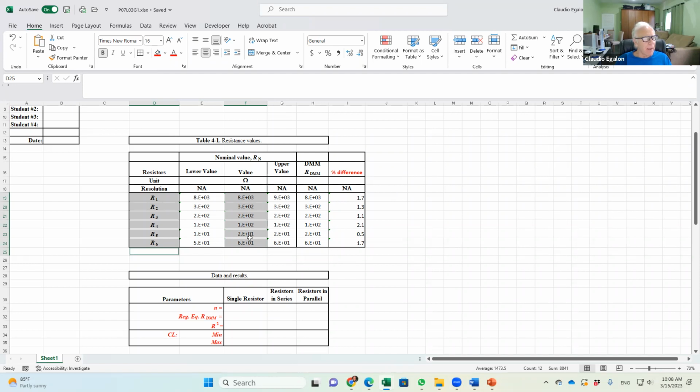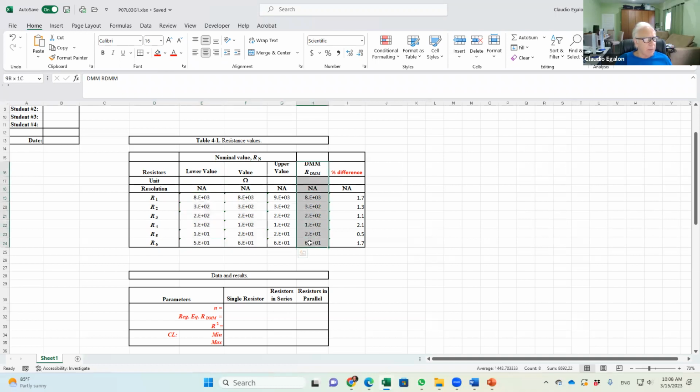And then, if the tolerance was 5 or 10%, they added 5 or 10% and displayed it here. That's the upper value of the nominal value. The color code value, we call it the nominal value. And then they subtract 5% and get the lower value. You have to make sure you get all the significant digits right here.